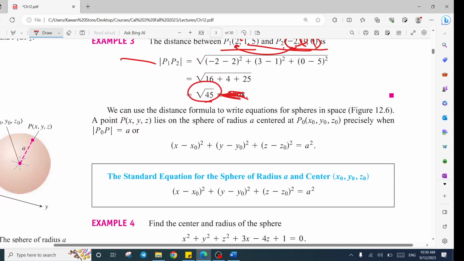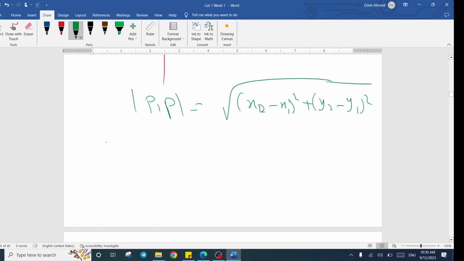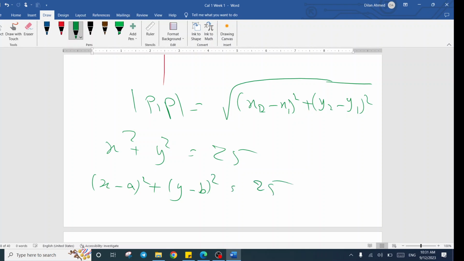Tell me about this equation. It is what? You told me circle, okay. How about this one? How about that one? I didn't understand anything.